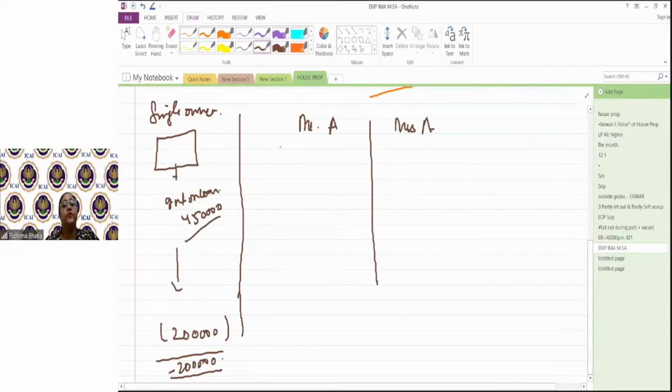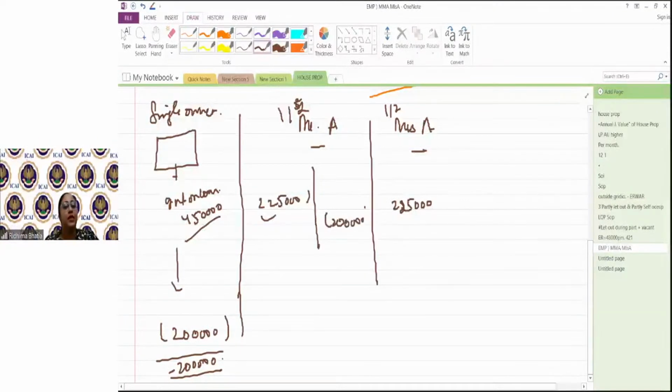But here, if there is co-ownership, suppose Mr. A has a half share and Mrs. A also has a half share. Here each of them would be entitled to claim 2 lakhs separately. So out of 4,50,000, what share comes to Mr. A and Mrs. A? 2,25,000 and 2,25,000 as interest deduction, restricted to a maximum of 2 lakhs.